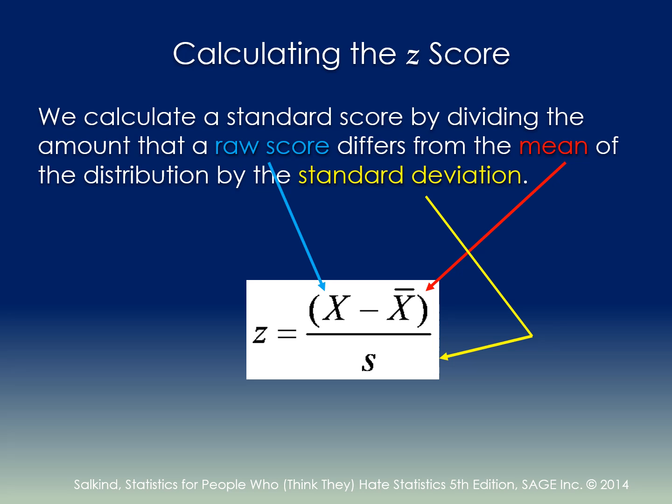And you can work these things forward and backwards. As long as you've got 3 pieces of information here, you can solve for the 4th. If I knew what the raw score was and the mean score and the standard deviation, I could tell you what the z-score was.